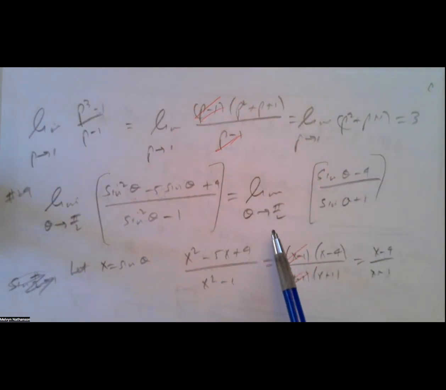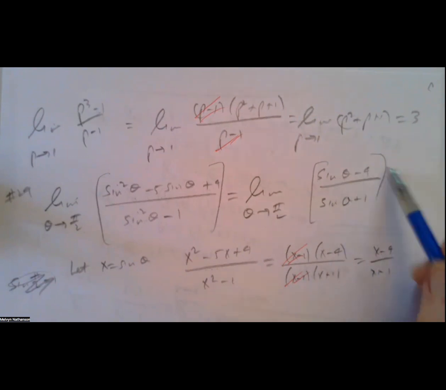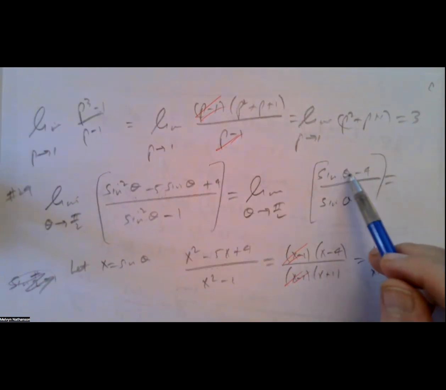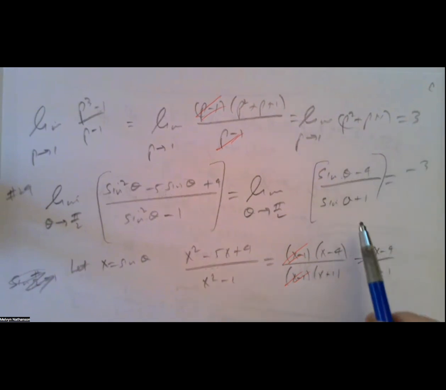And now we're in good shape because as theta goes to pi over 2, sine theta approaches 1. So this numerator approaches 1 minus 4 or minus 3.